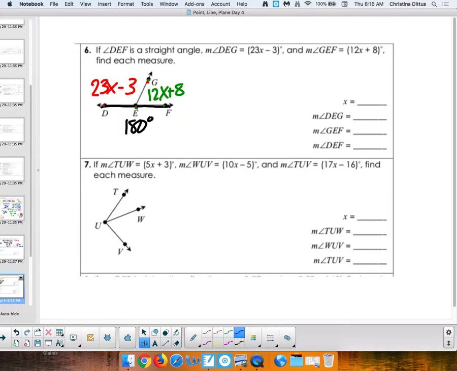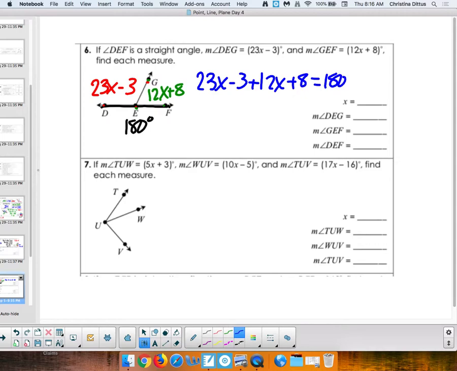How can I set up some sort of equation to solve for x? 23x minus 3 plus 12x plus 8 equals 180. Good. Add my two colors that are equal to 180. Two small angles have to equal the big angle.